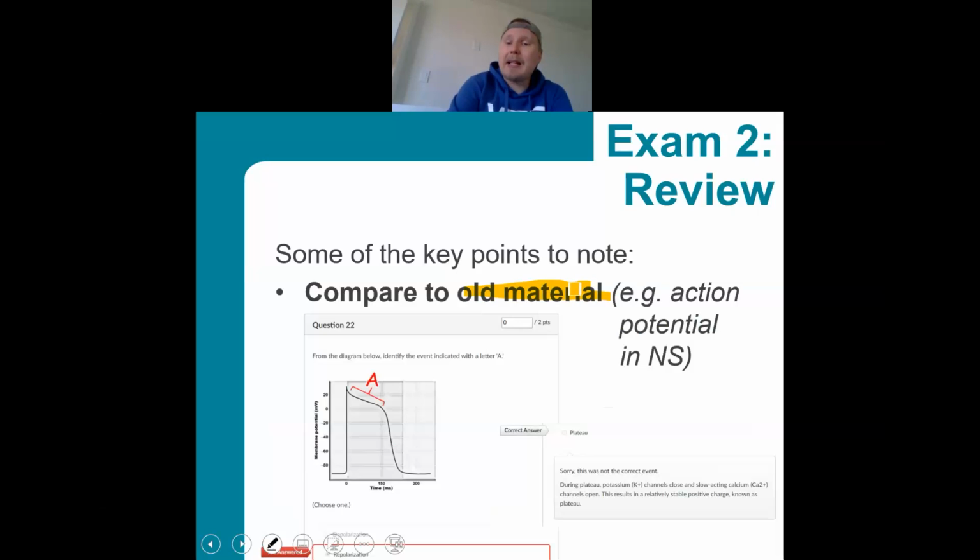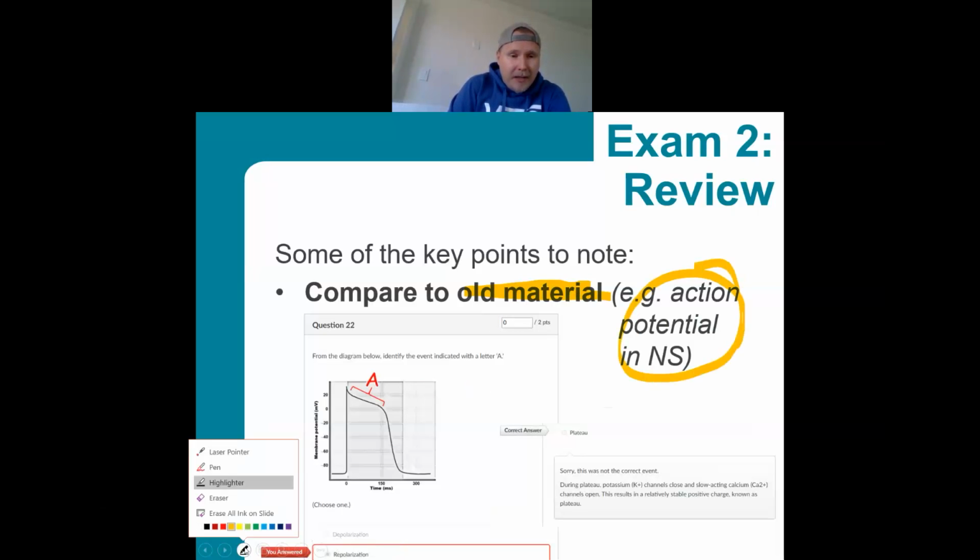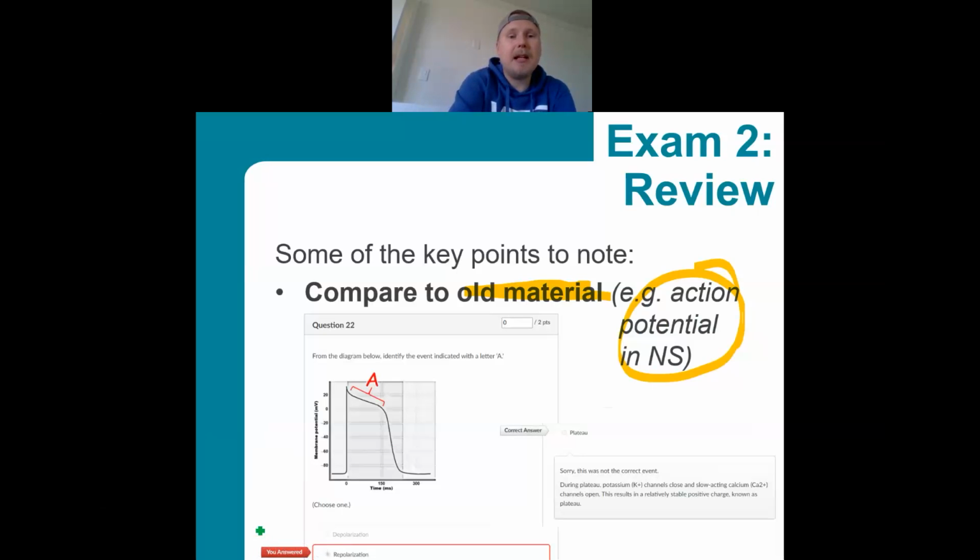So we have seen the action potential in the nervous system already before. And what we saw with the action potential in the nervous system was something like that. Here's the resting potential. And then we depolarize, shoot up. We might go over 0 millivolts a little bit.